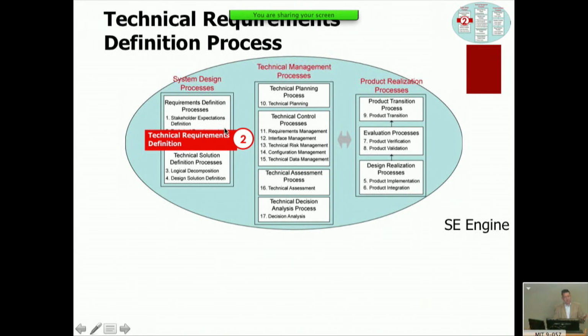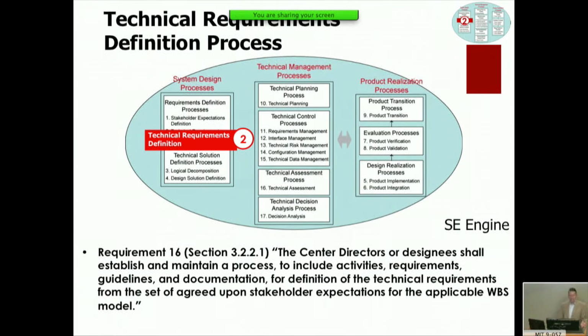After stakeholder expectations, the second step is technical requirements definition. And there's some pretty strong language in the handbook that this really has to be done well. So the center directors or their designees shall establish and maintain a process to include activities, requirements, guidelines, documentation for the definition of technical requirements.